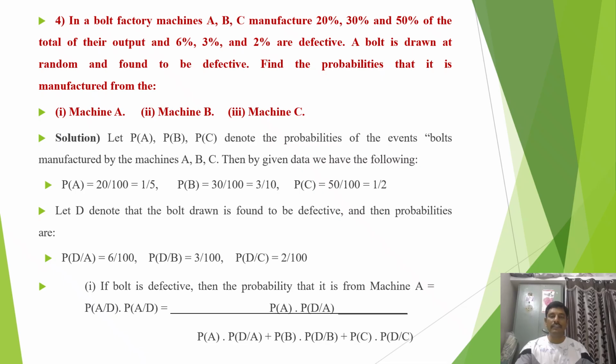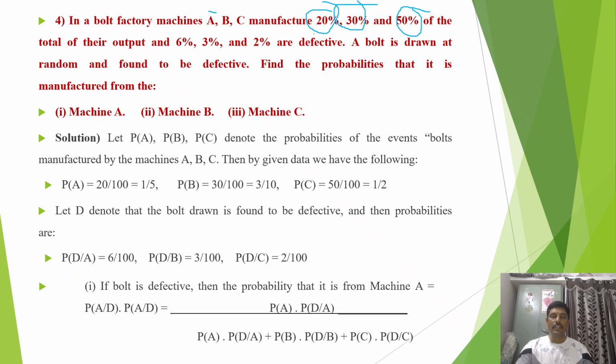So here the basic events are clearly 20%. A company manufactures 20% of the bolts, B factory manufactures 30% of the bolts, and C factory manufactures 50% of the bolts. These are the basic events. If we add these three, we get 100%.